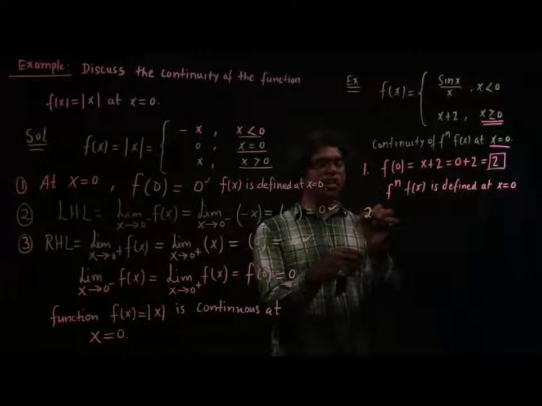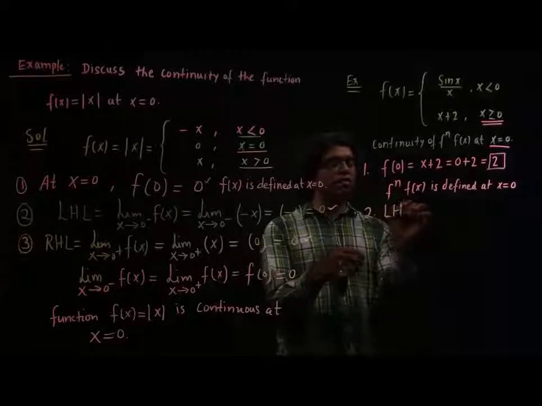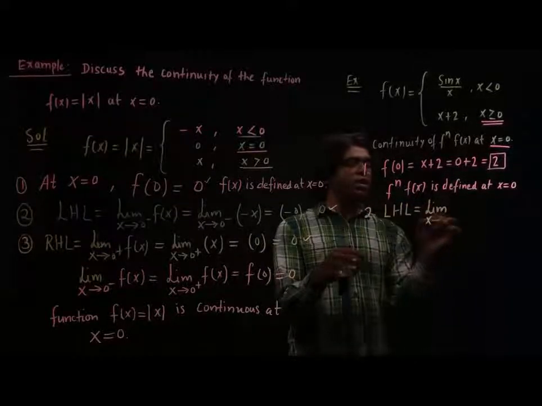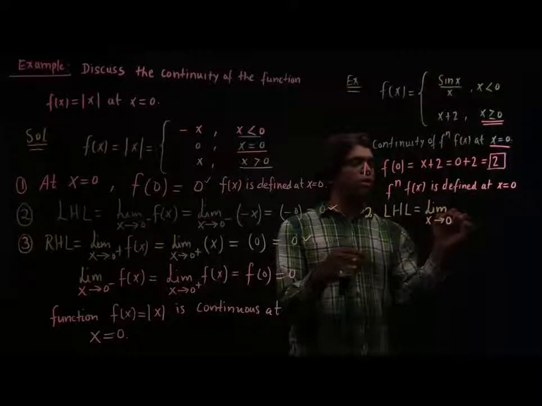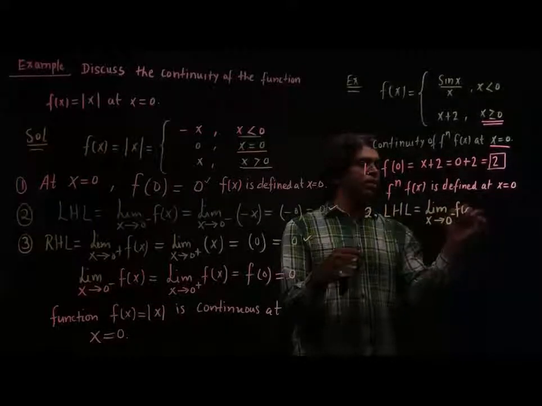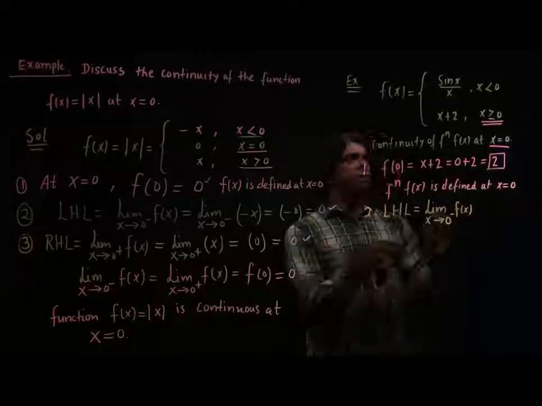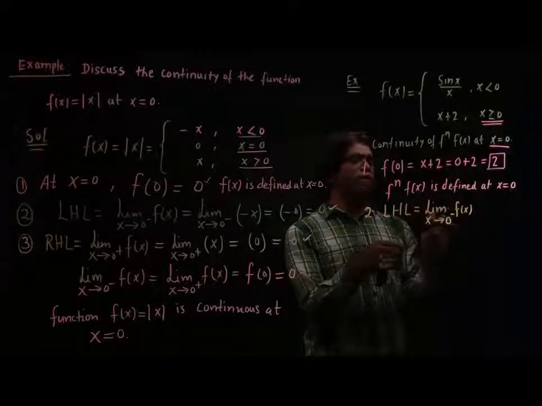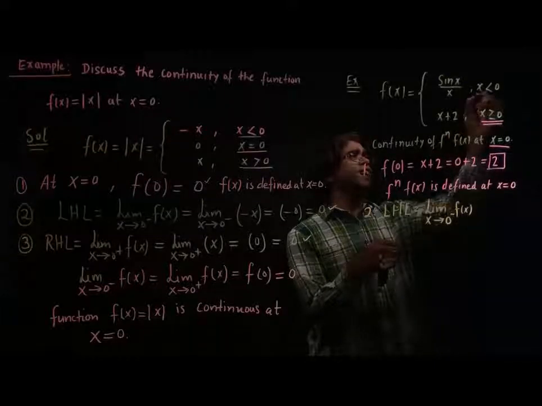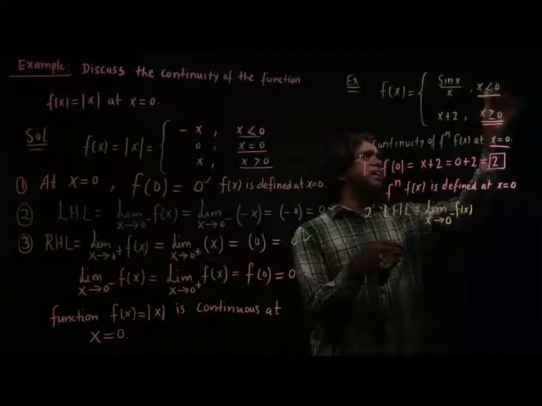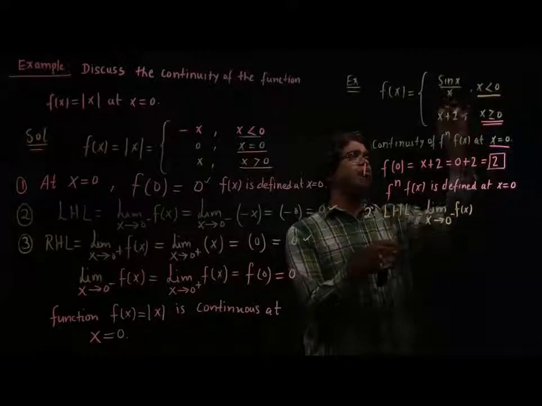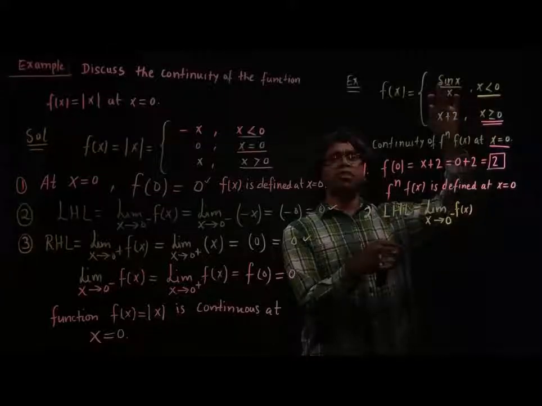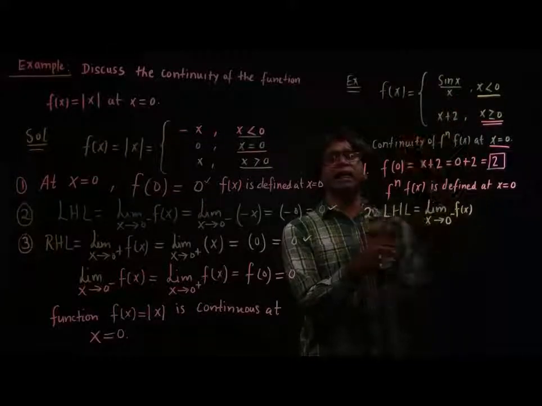Now let's find the left hand limit of the function. So the left hand limit is equal to limit x tends to 0 minus f(x), right? And we need to see which part of the piecewise function we are going to consider. If you look at the function, it says x is less than 0 and the function is sin x over x. So when x is less than 0, that part of the function we will use to find the left hand limit.